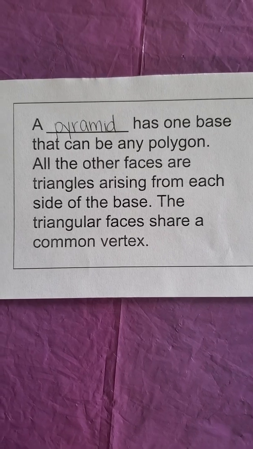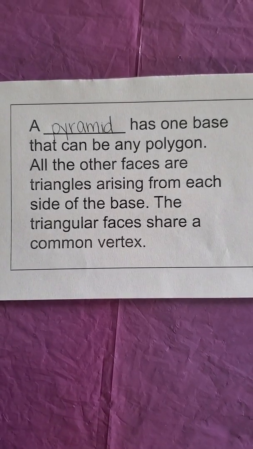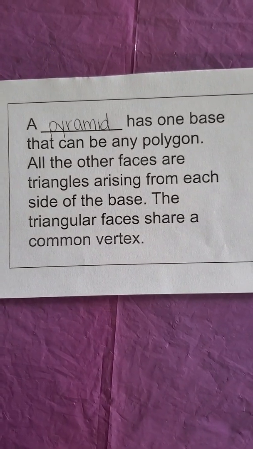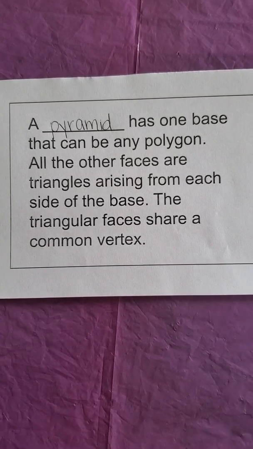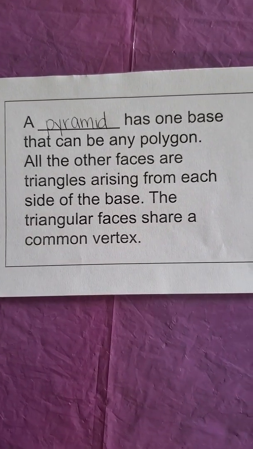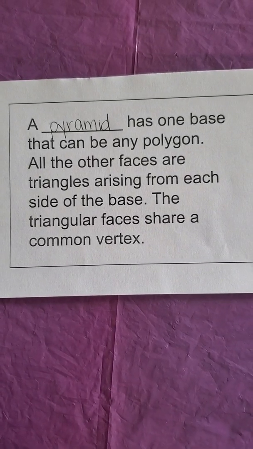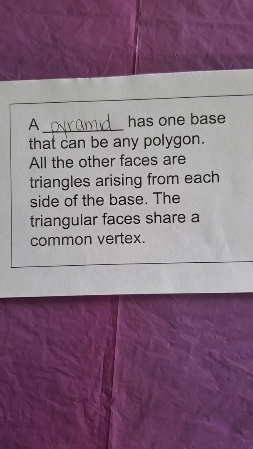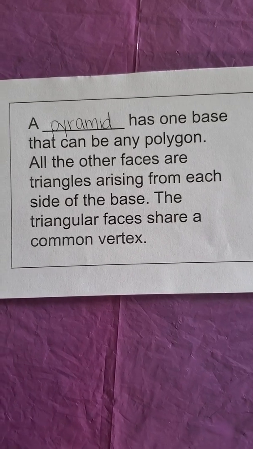So the base is some shape, whether it is a triangle or a square or a pentagon per se, but all of the edges or the sides come up to form a triangular shape. Now those triangular faces all come to one common vertex or one corner.